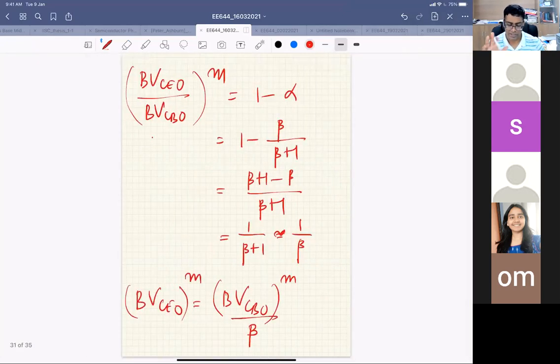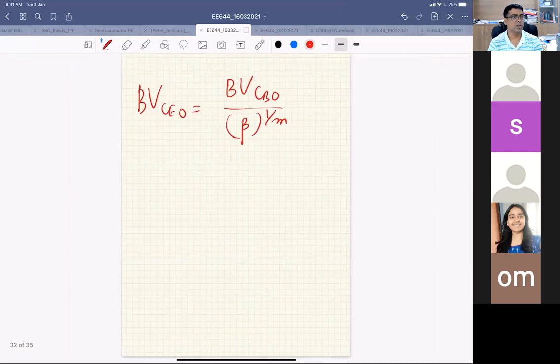So this is just a formula, right? So your BVCEO is always less than BVCBO, right? So the relationship is your BVCEO is BVCBO divided by beta to the power 1 by m, and m is nothing but 3 to 6, right? Let's say m is 4.